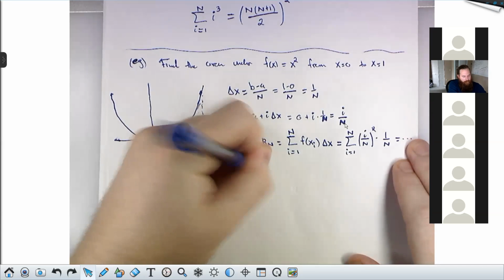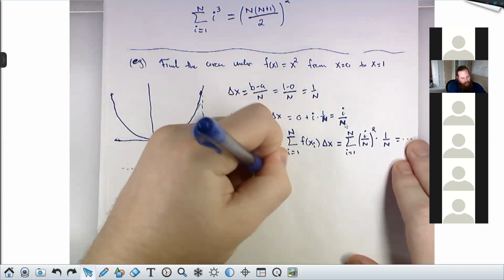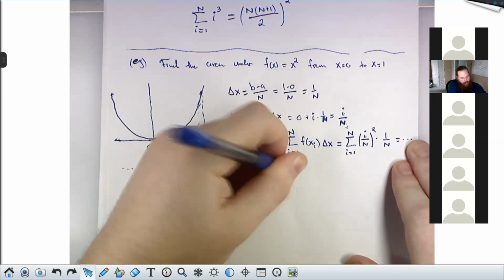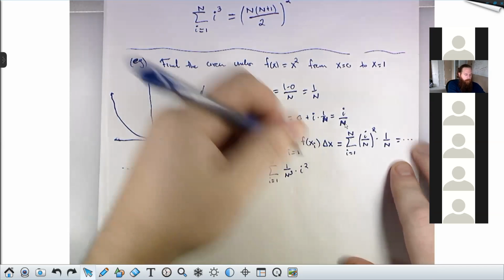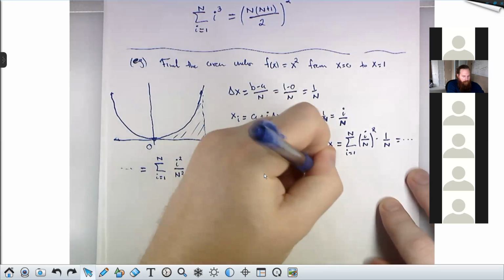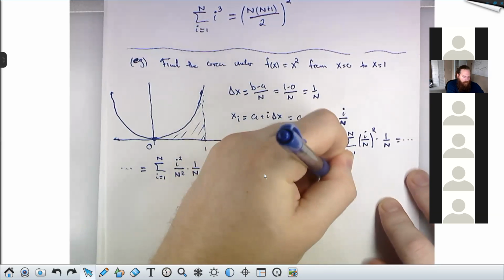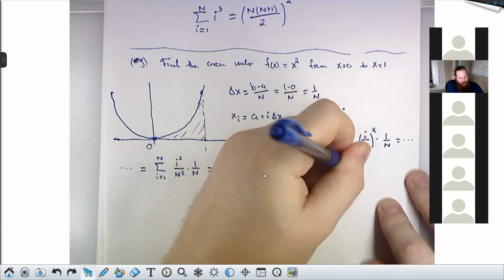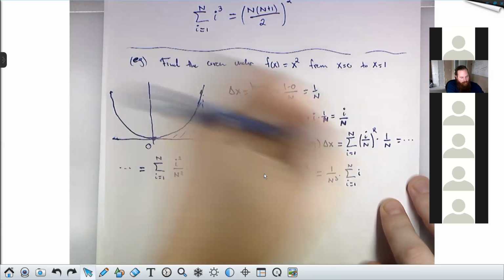I can write this as sigma i from 1 to n of 1 over n cubed times i squared. And since this piece doesn't have any i's in it, it is a constant with respect to the sum, so it can pop out. So this is 1 over n cubed times sigma i from 1 to n of i squared.